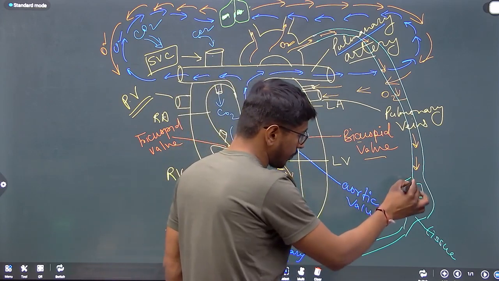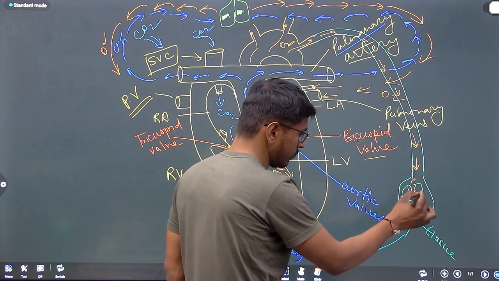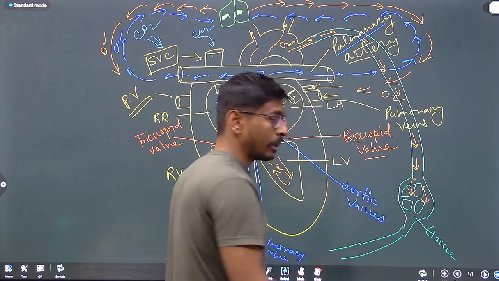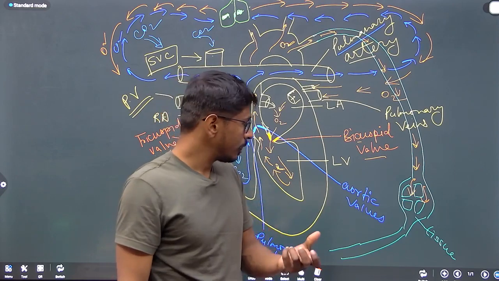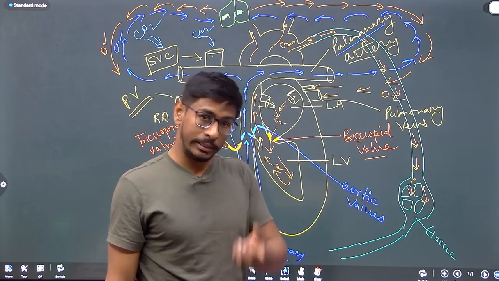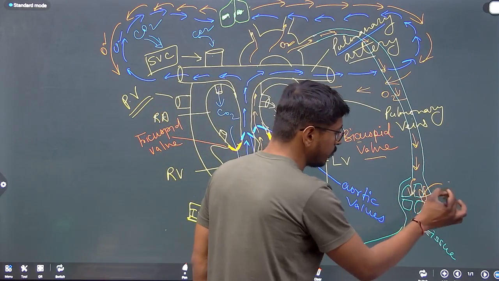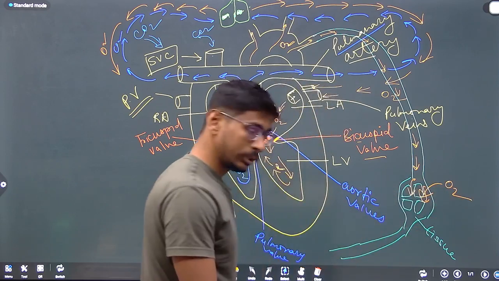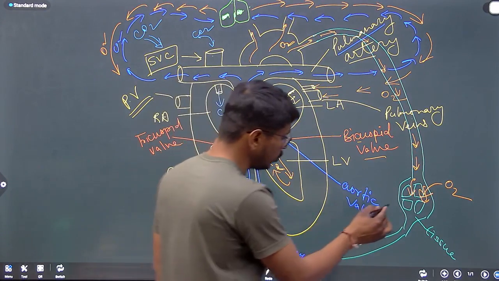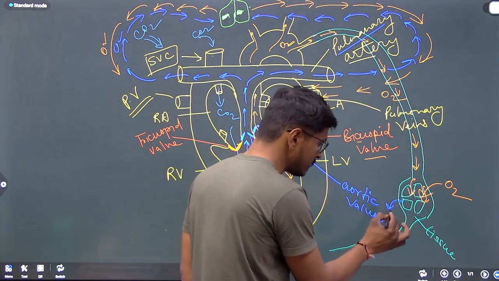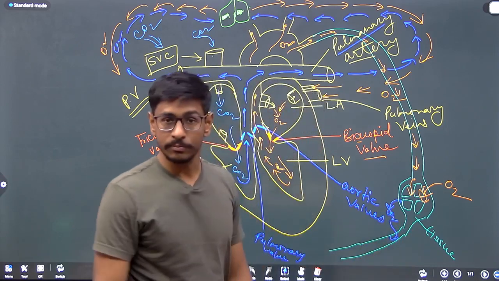So the blood is entering the tissue, and once it enters the tissue, it gives oxygen to the cells, and in return it takes CO2 from the cells. So blood gives oxygen to the tissues, and it picks up CO2 which is produced by cells through their metabolic activities.